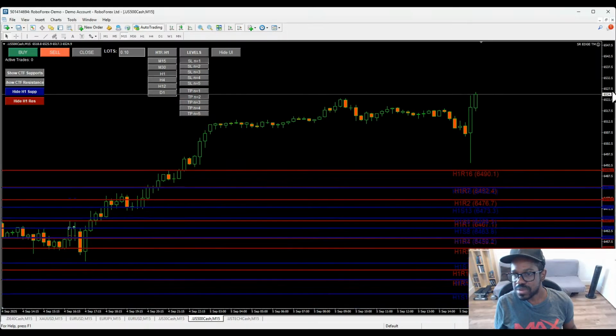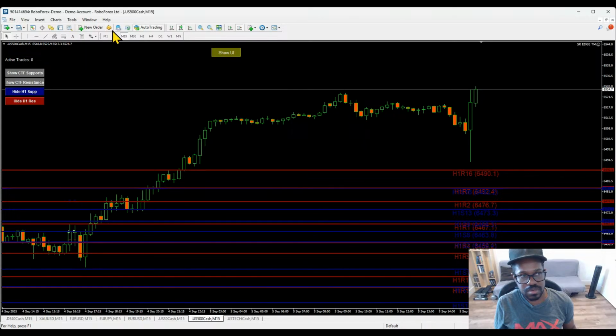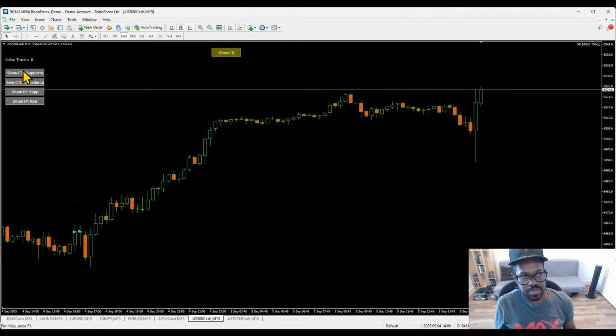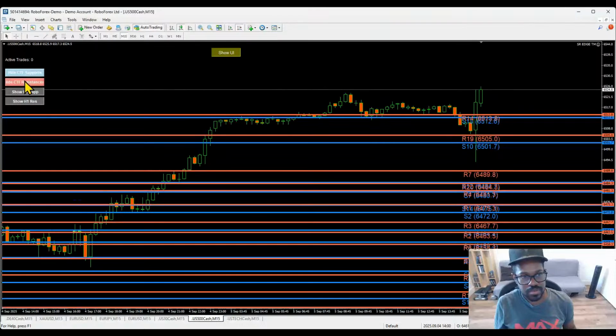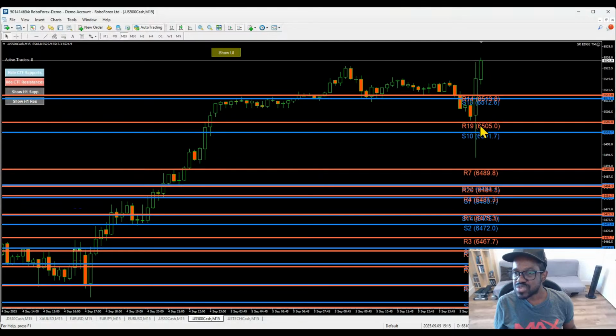All right. And then if you want to hide that panel, you just have to click on this button here, and it's going to remove everything. And you just have to change your support and resistance lines based off of the current time frame. As you can see, this is the 15-minute support and resistance zones. The price went towards this previous resistance and support zone and started to push up.